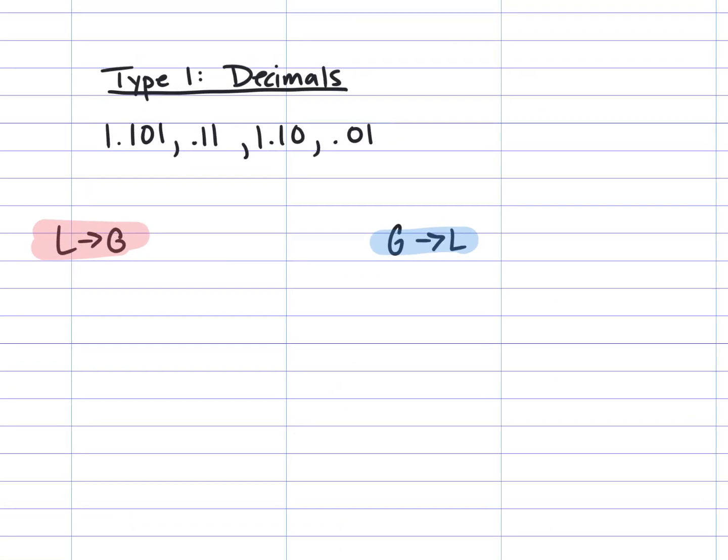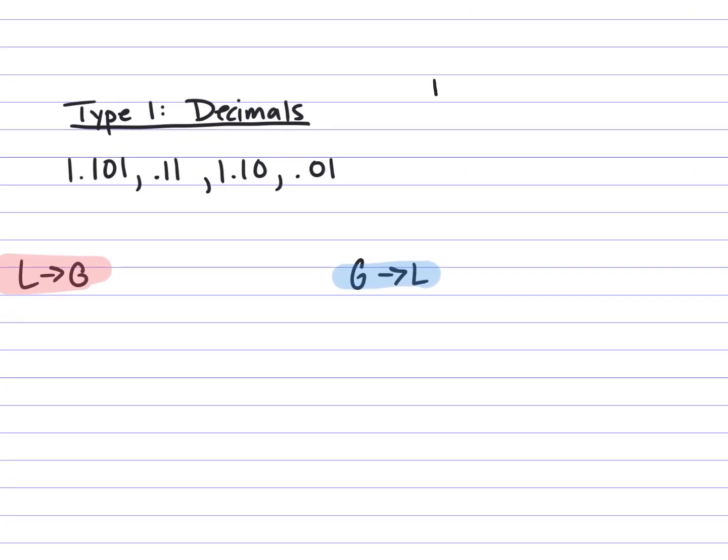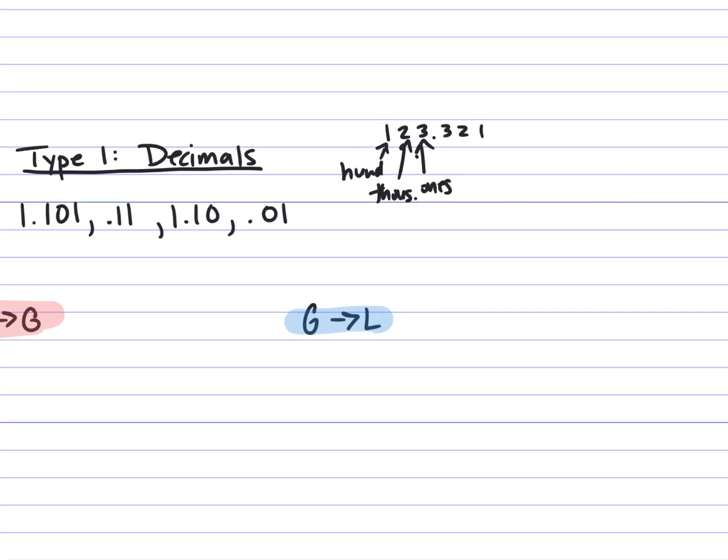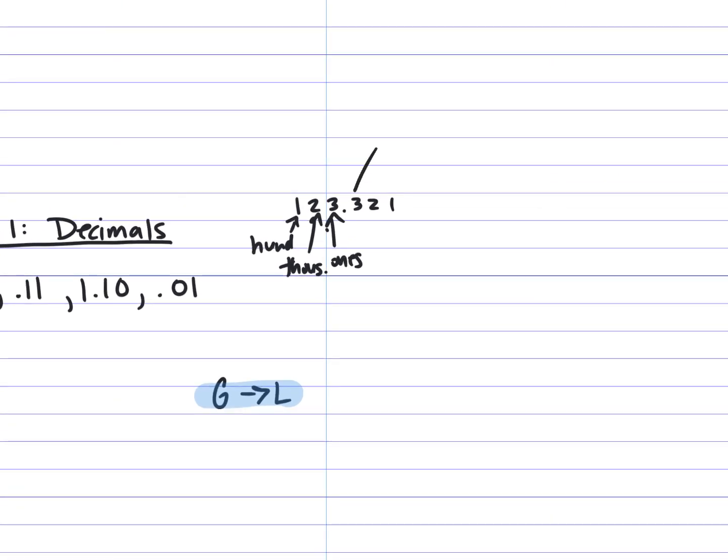So just a quick review of place values. Let's say we've got 1, 2, 3, and we've got 3, 2, 1. This would be hundreds. This would be thousands. This would be ones. Now the other side, decimals. Remember, these all end in "ths."